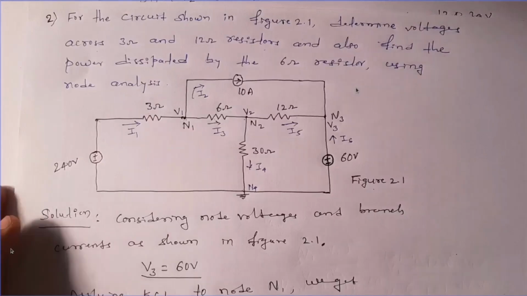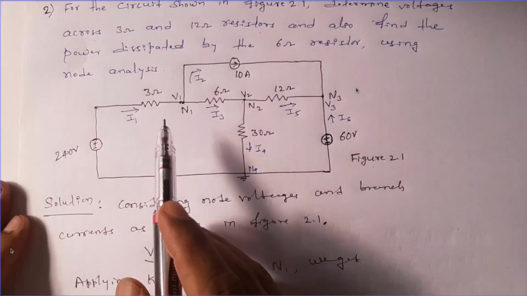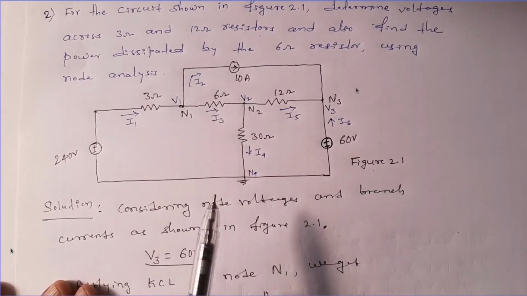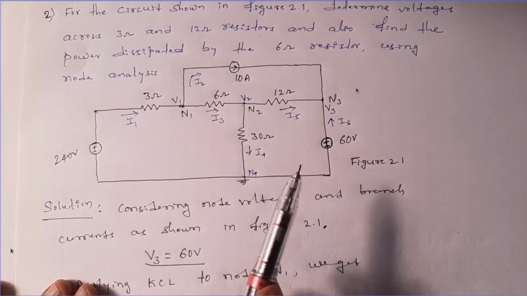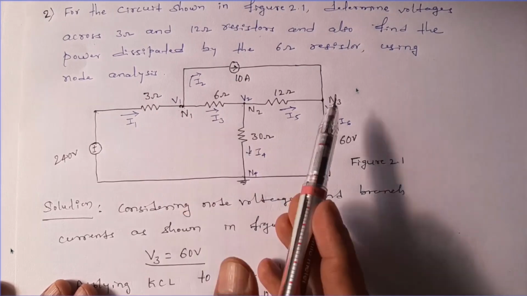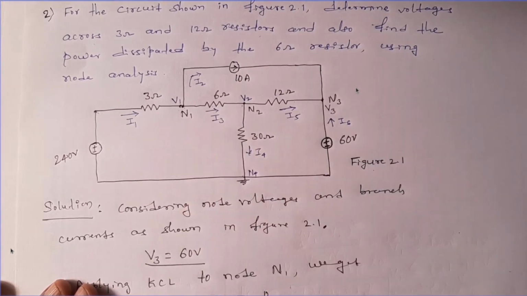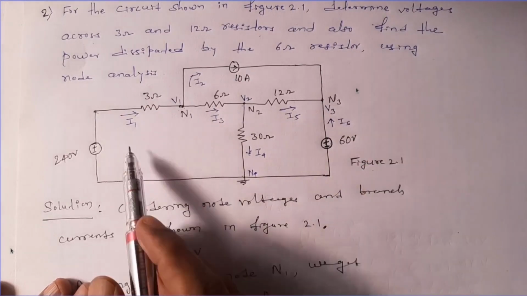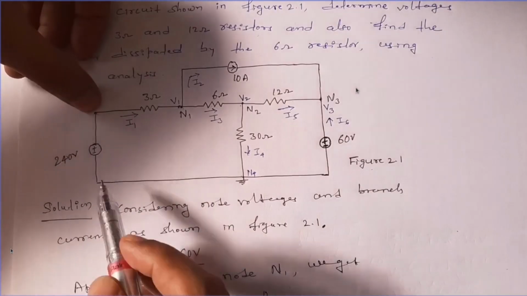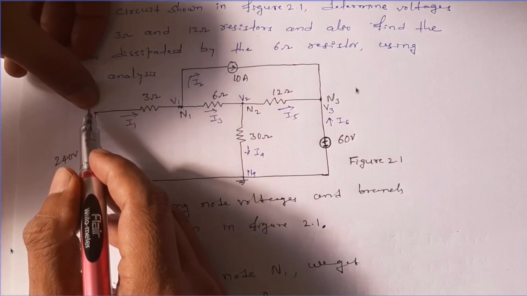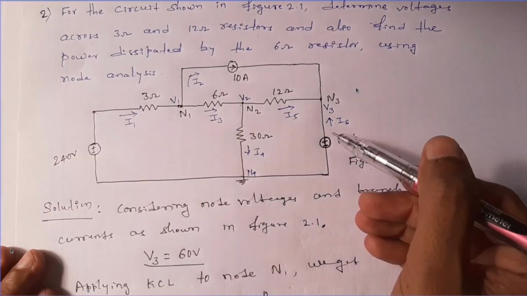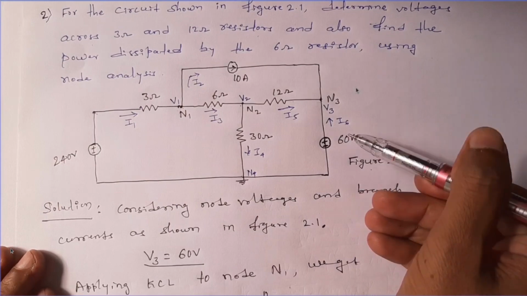It's a very simple thing that we have done here. First we found the number of nodes, later some unknown node voltages, and some of the node voltages can be found directly. For example, if you consider this as N1 with voltage V1, you can directly find V1 is equal to 240 volts, and here we found V3 is equal to 60 volts.